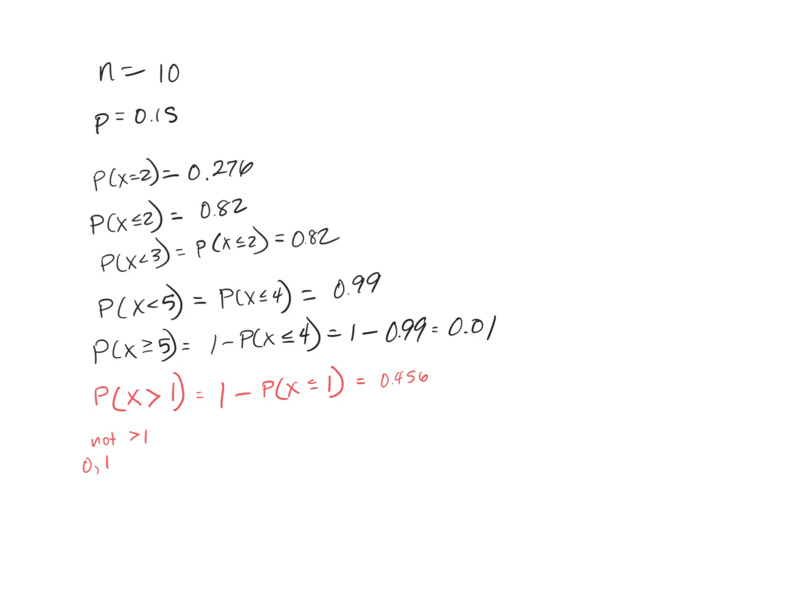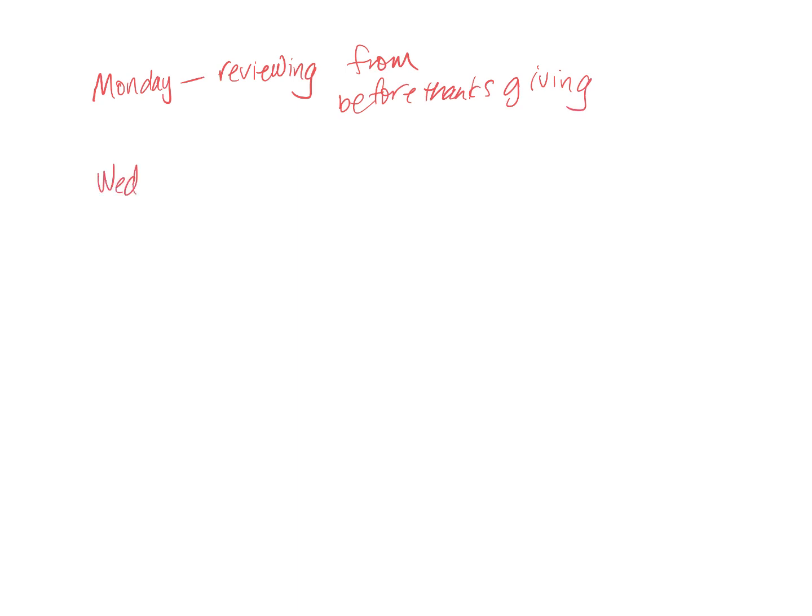All right. One more thing. This part's easy. Okay. Next week, Monday, we will be reviewing from before break. Wednesday, we're going to learn about something called geometric random variables.